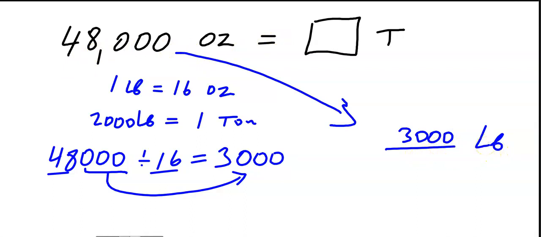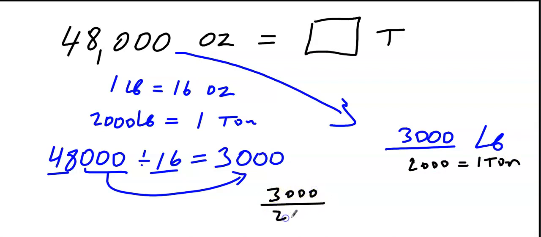We know that 2,000 pounds is 1 ton. But we have 3,000 pounds. So we're going to do 3,000 pounds divided by 2,000 pounds. 2,000 can go into 3,000 once, so you're going to get 1 ton out of that.